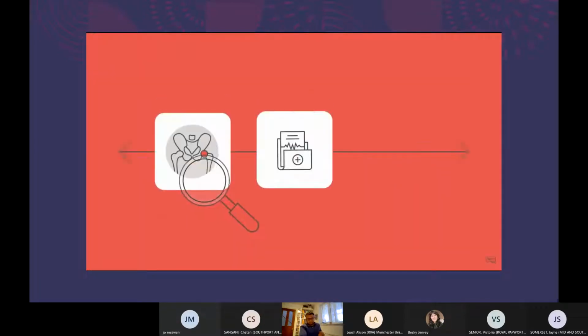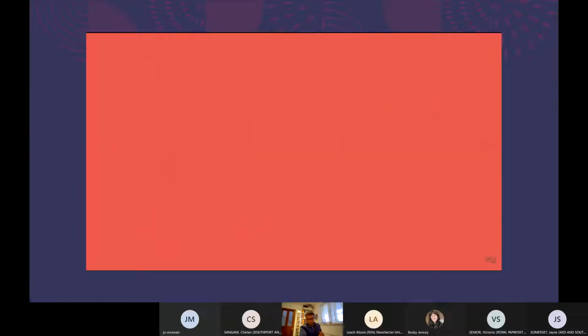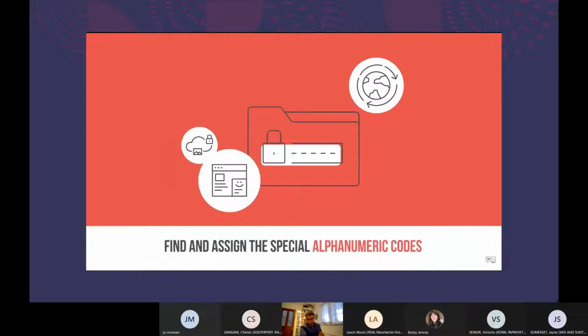Then, utilising the ICD-10 and OPCS procedure classifications, you find and assign the special alphanumeric codes and record these into the organisation's patient administration system. This coded data can be understood throughout the NHS and beyond, and used to plan for future patient care.